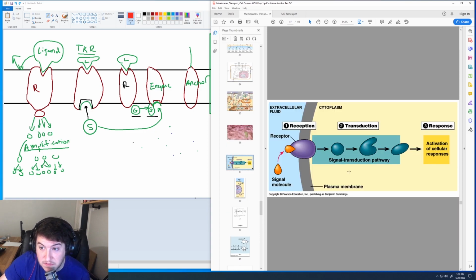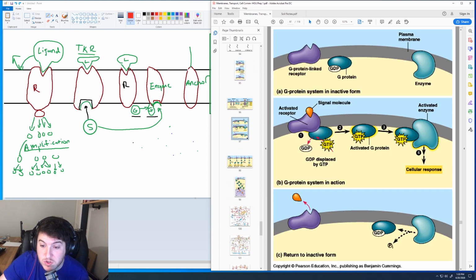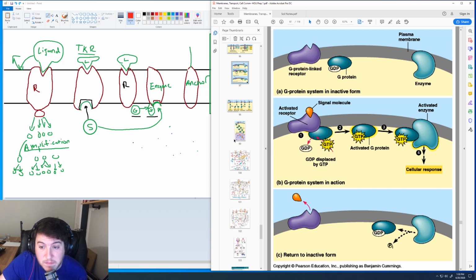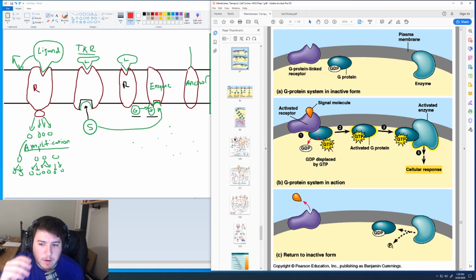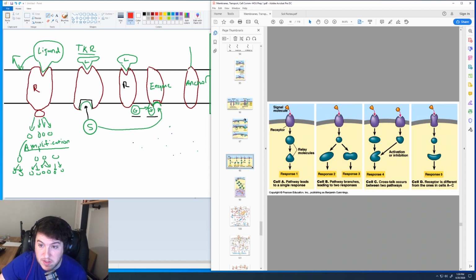But I have seen them give literally this exact picture before, and some of these other ones. They might ask you to label a G protein. Well, not on this one, but they might show you a picture and use it as context. More importantly, they're probably going to give you an example of an experiment involving G proteins, or an experiment involving signal transduction, or an experiment where you give a patient this drug, which is the signal, and it has this response.